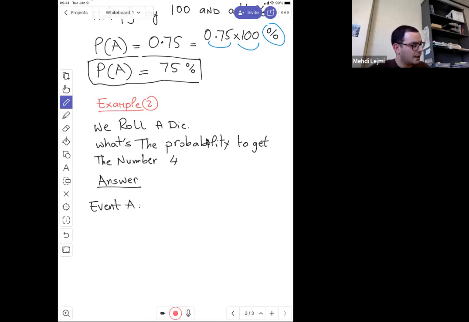So an event A here in this case would be to get the number 4, right? That's what we want. We want the probability to get the number 4. So the event A would be to get the number 4.